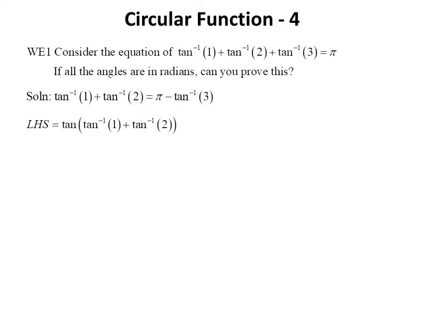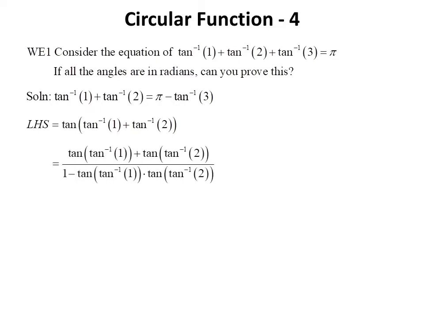From the left hand side of the equation, we expand the tangent of the sum of arctangent 1 and arctangent 2 using the tangent addition formula. So it equals (1 plus 2) all over (1 minus 1 times 2), which equals negative 3, as it can be seen on the screen.